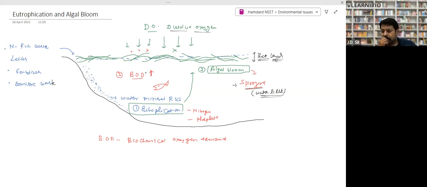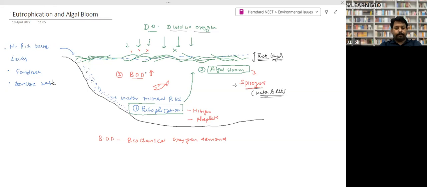The bacteria decomposing the waste material and underlying animal will increase the demand of oxygen.